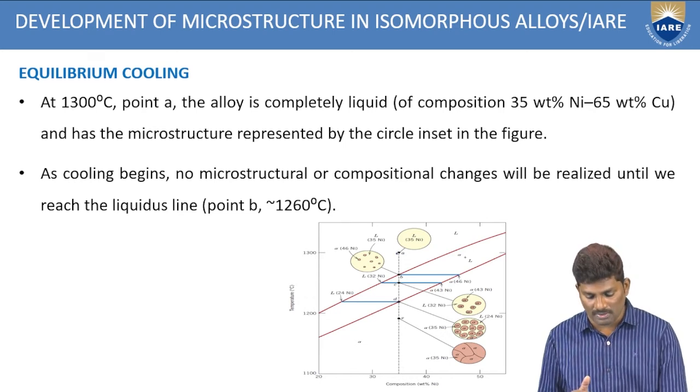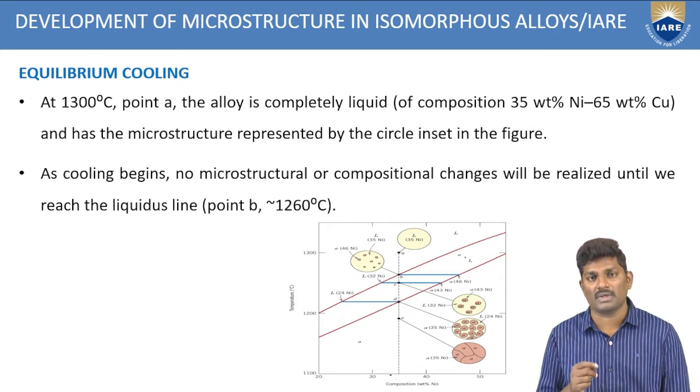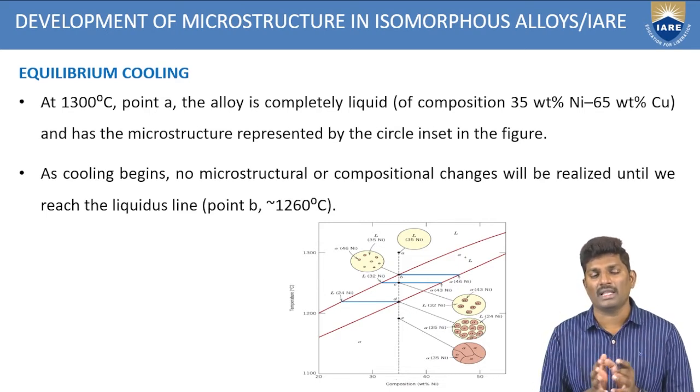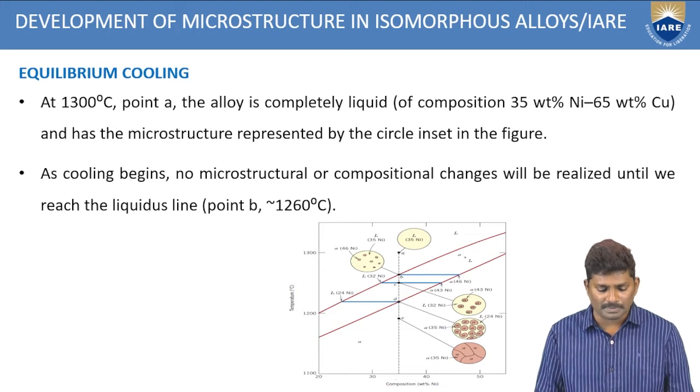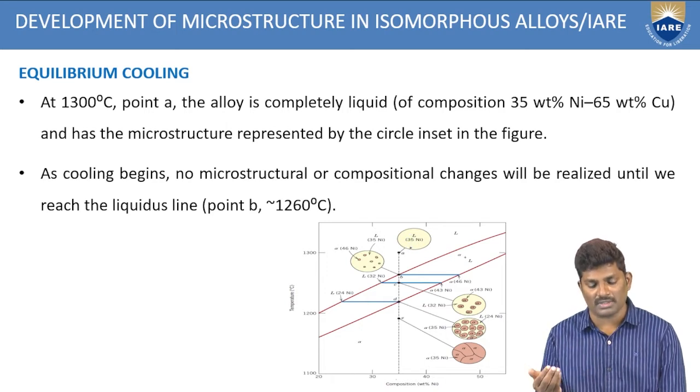Since we are dropping the dotted line, what you are seeing here is 35%. So this is 35% weight of nickel, and the remaining will be 65% weight of copper. This is the complete combination of liquid. It is in the complete form of a liquid at point A, so that we are representing here. That's why it is L, a liquid, 35% of nickel, and the remaining will be 65% of copper.